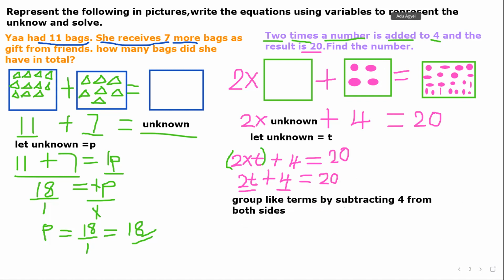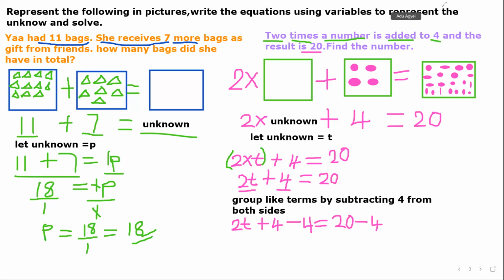Now the new equation will be 2T plus 4 minus 4 on this side, and the other side will also be 20 minus 4, because you are subtracting 4 from both sides.